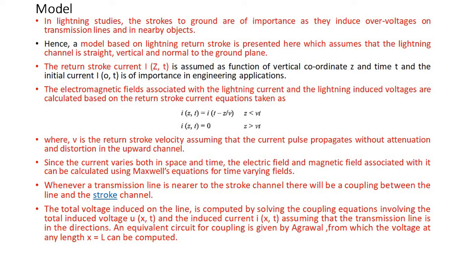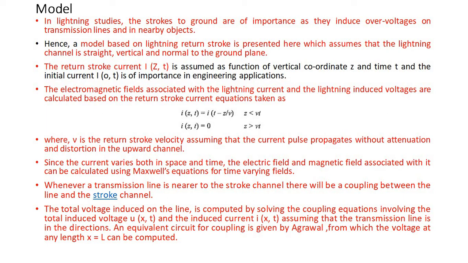Model. In lightning studies, the strokes to ground are of importance as they induce voltage on transmission lines and nearby objects. Hence, a model-based lightning return stroke is presented here, which assumes that the lightning channel is straight, vertical and normal to the ground plane.